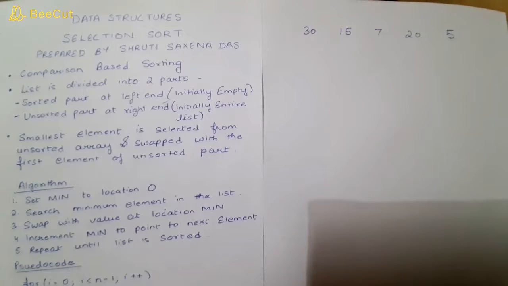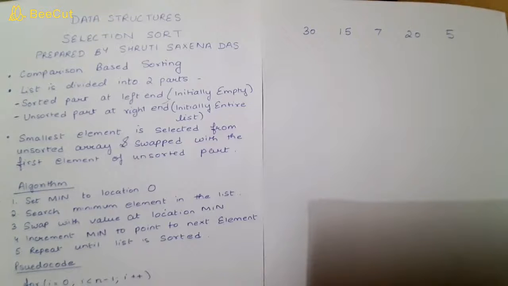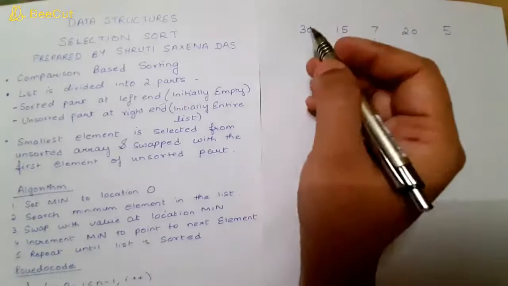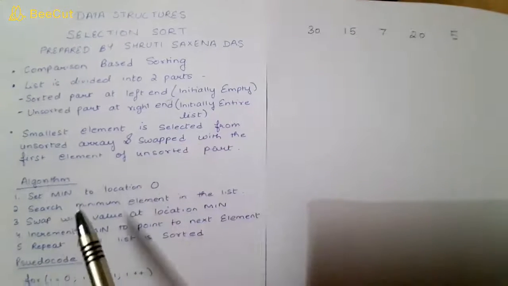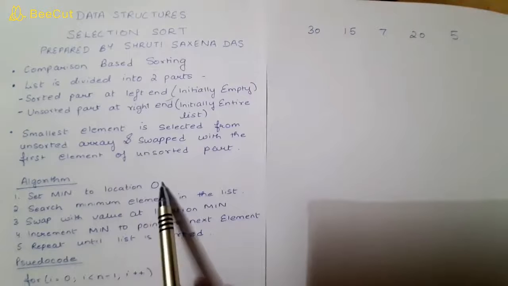We need to remember that in selection sort we have to select the smallest element from the unsorted list in each iteration and place it at the beginning of the unsorted list. As the algorithm is stating, first of all we'll take a variable which will point to location 0.